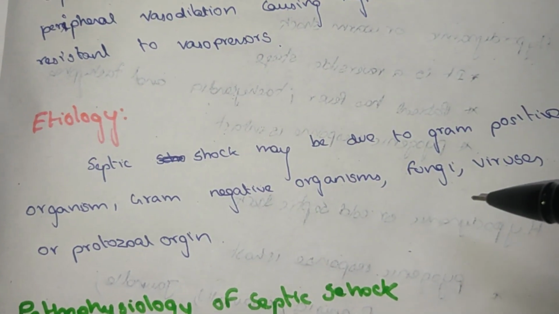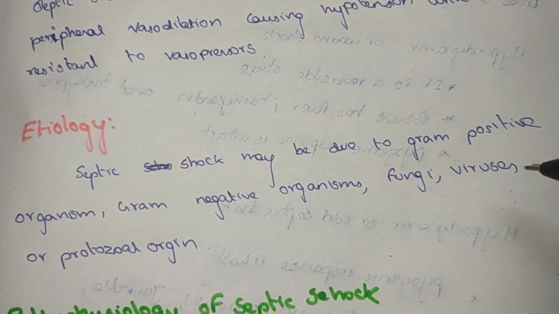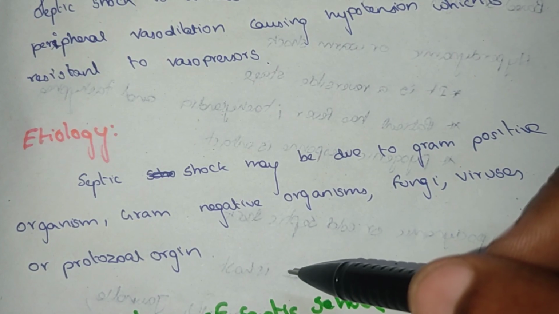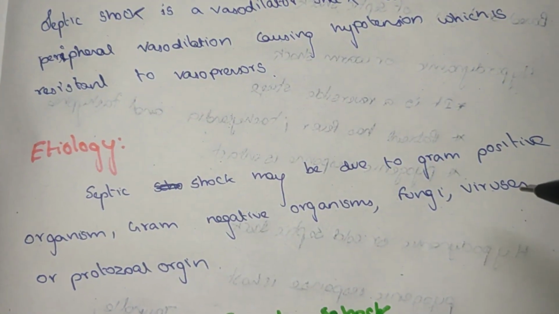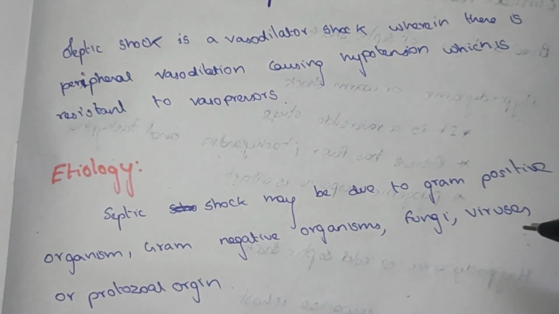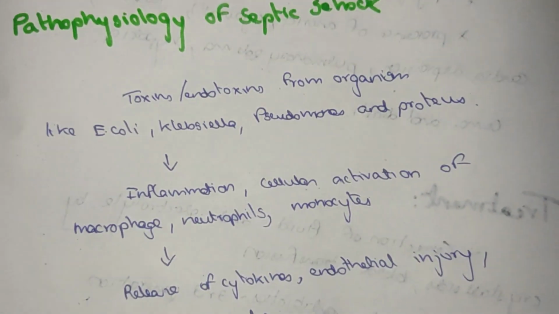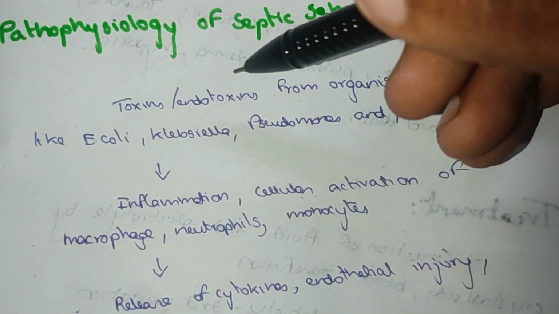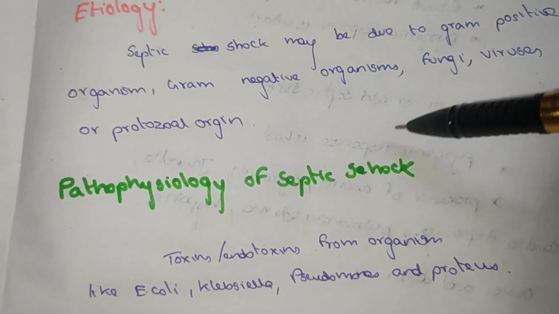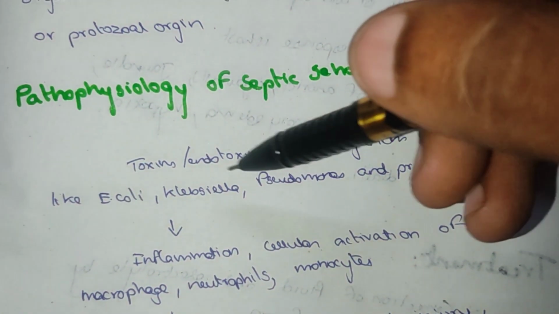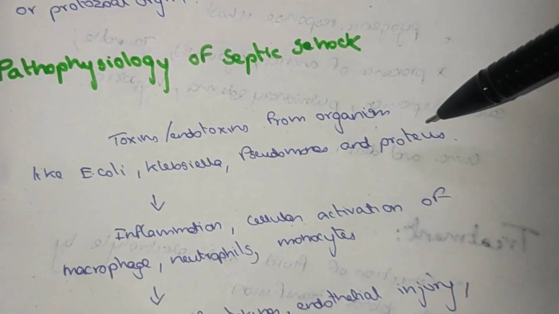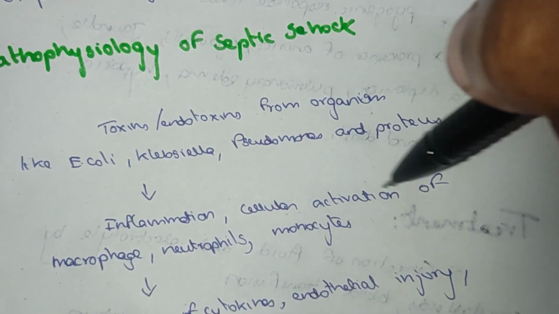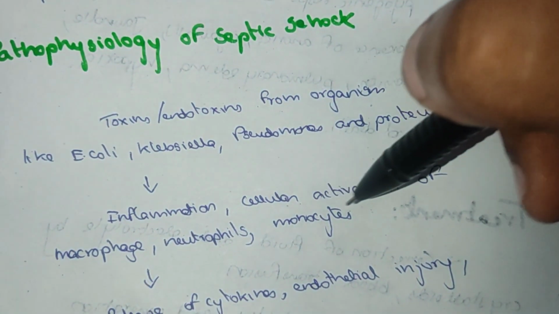Etiology. Etiology may be due to gram-positive organisms, gram-negative organisms, fungi, viruses as well as protozoal origin. These are the causes of septic shock. Now we will see about the pathophysiology of septic shock. Here the toxins and endotoxins from these organisms, like E. coli, Klebsiella, Pseudomonas and Proteases, produce inflammation as well as cellular activation of the macrophage, neutrophil and monocyte.